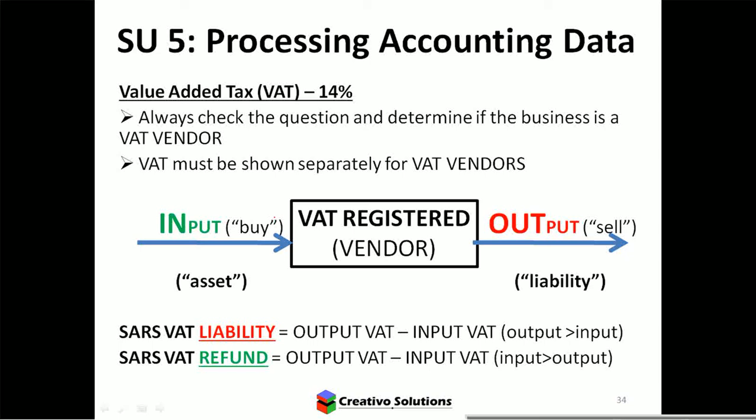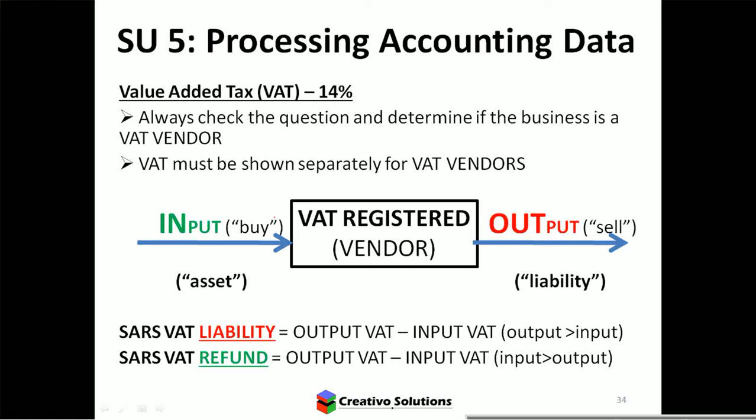If I have a credit purchase, will I have VAT? Yes. Which VAT? Input VAT. Correct, because you're purchasing, so the VAT is coming in the form of an asset because you get to claim it. If I'm selling goods, every good that I sell has 14% VAT.